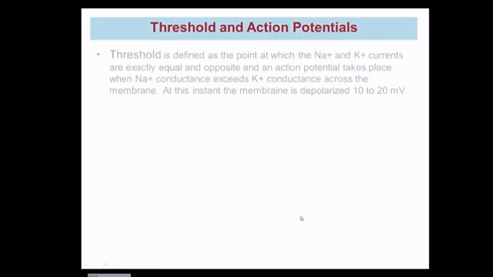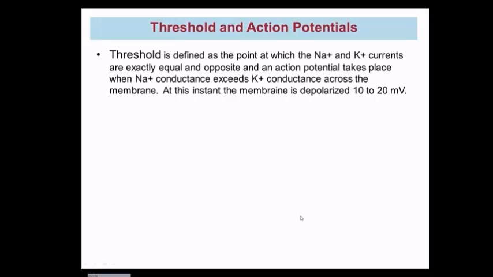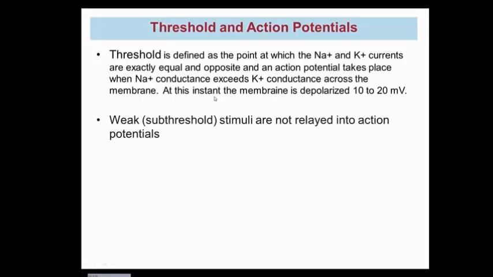Okay, so let's talk about threshold and how the threshold relates to the action potential itself. Threshold is defined as the point at which the sodium and potassium currents are exactly equal and opposite, and an action potential takes place when sodium conductance slightly exceeds potassium conductance across the membrane. At this instant, the membrane is depolarized 10 to 20 millivolts.